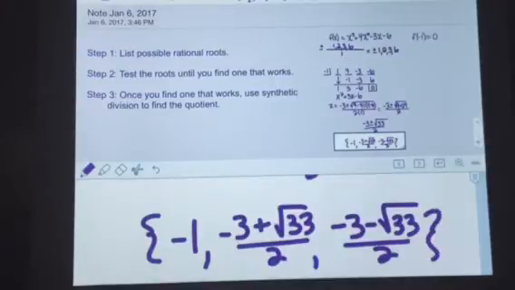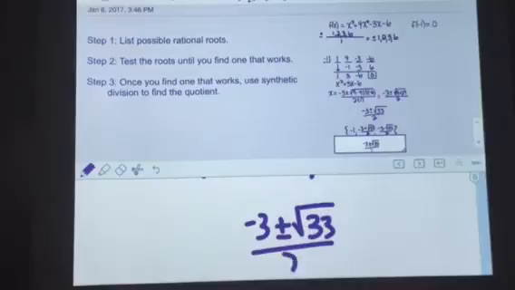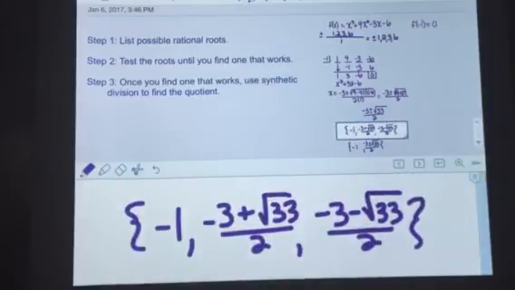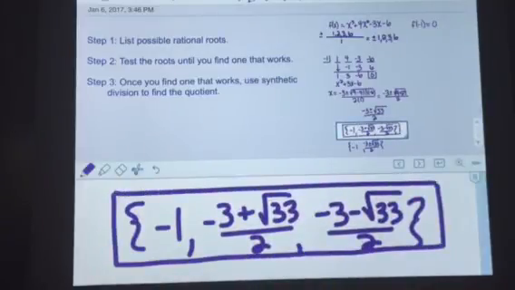You could write those together as just -3 plus or minus, as long as you're aware that they're two different entities, two different zeros, because in the end we're supposed to end up with 3 zeros, which meets our fundamental theorem of algebra, which says that if the degree of the polynomial is 3, then there should be 3 zeros. And that's it.